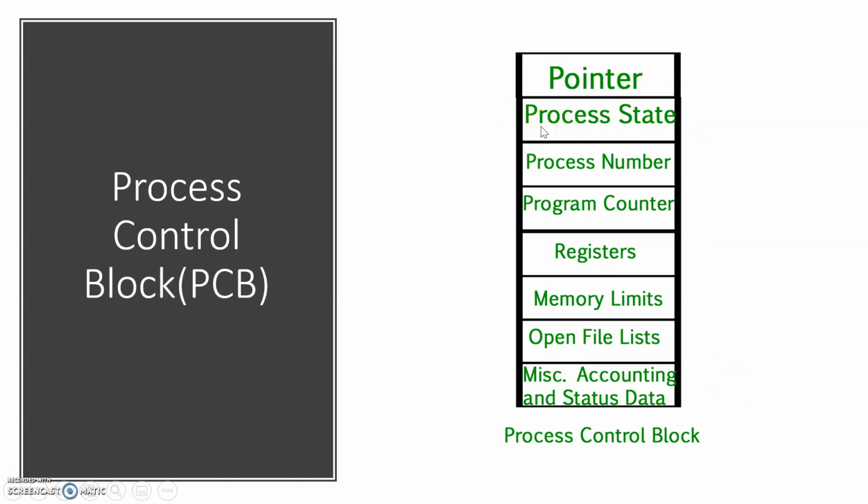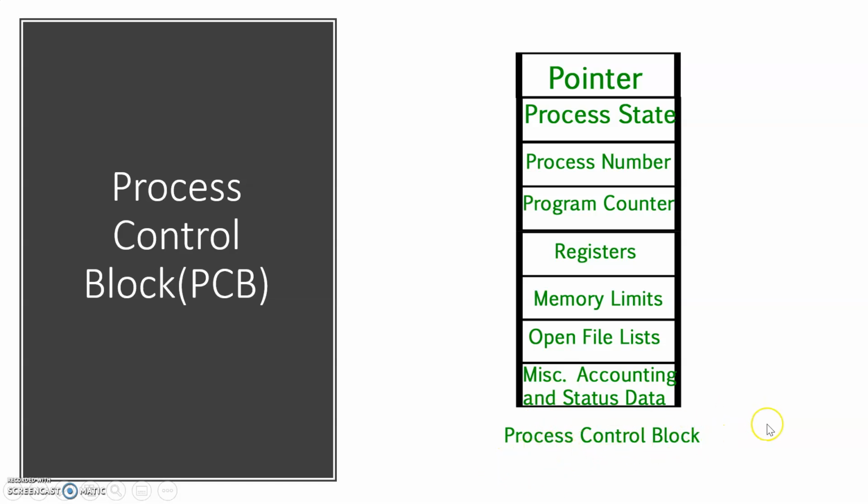Next we are going to discuss the various states of a process. So currently at which state the process is, that is getting updated in this field. These are the various fields of the process, and that total structure is called the process control block, and every process has a structure like this.